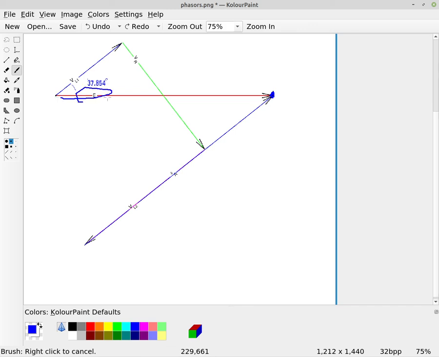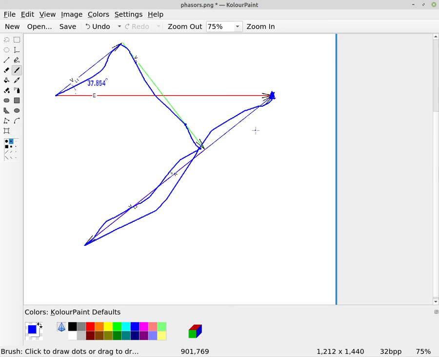So we have our supply voltage E, which had an angle of 0. And so it started right here and just comes over here. And then we added VL1, then we added VR, then we added VC, then we added VL2, and lo and behold, Kirchhoff's voltage law works, and we're back to 0.